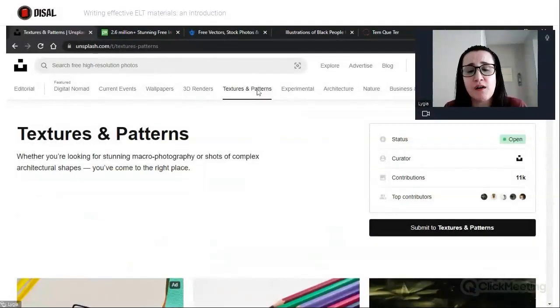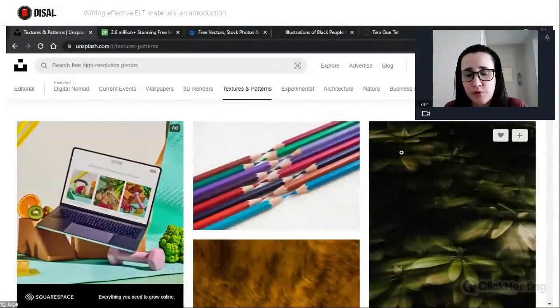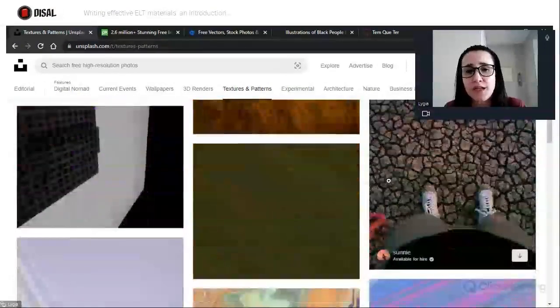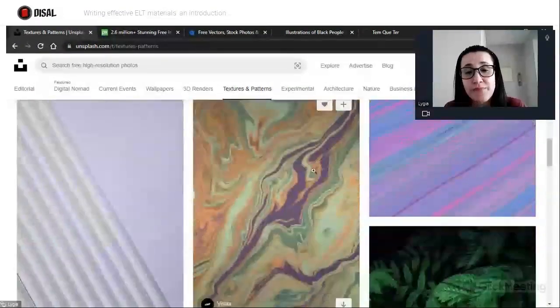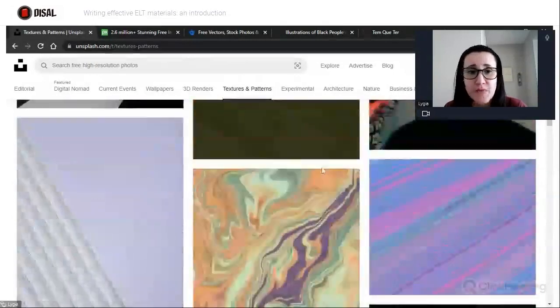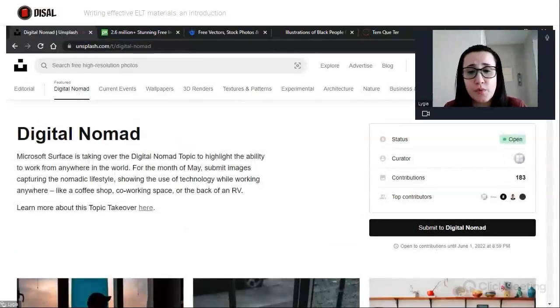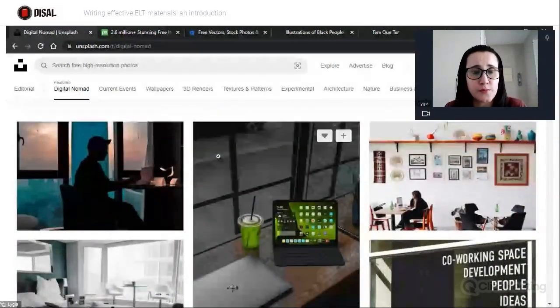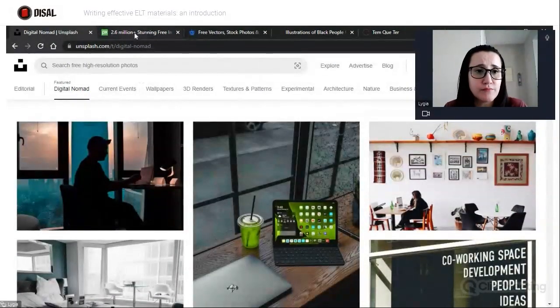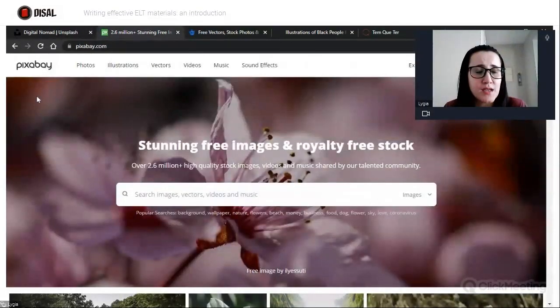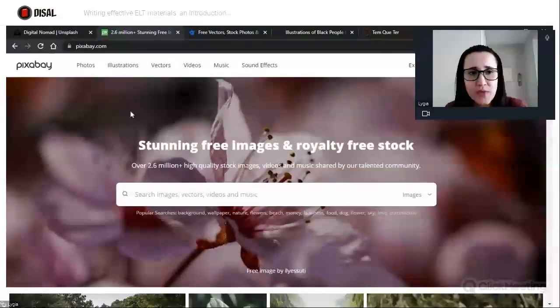The pictures are beautiful overall. Some of them are quite artistic as well. And they're also free. So, this is a website that you can use when you're looking for images for your materials.